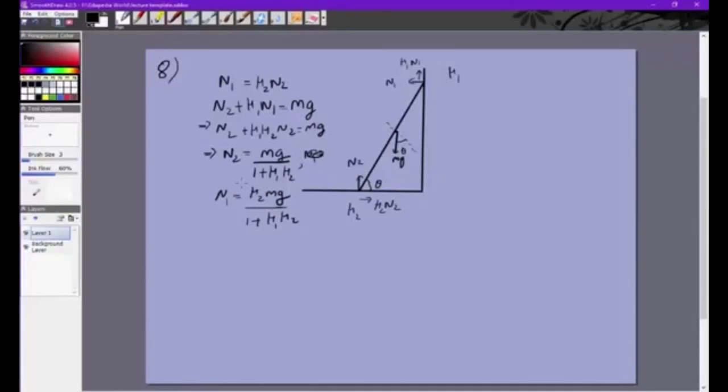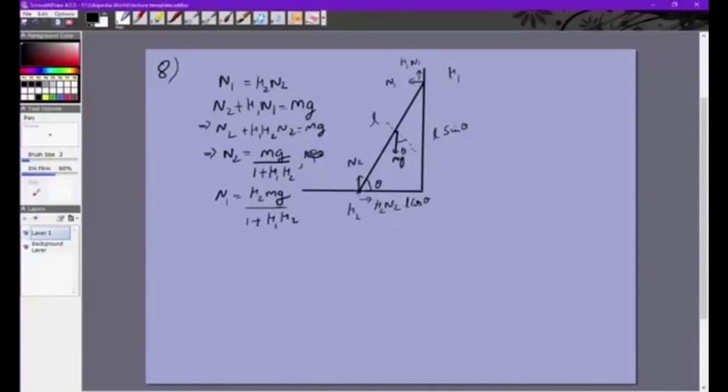Right. From this we can see in the options that they are given such that mu1 is 0, mu2 is not 0. So we'll have to take care of all equilibriums, not just translational equilibrium, but the rotational equilibrium has to be 0 as well. We can write two equations for rotational equilibrium, one about this point and one about this point. About the lower point, if this is L, this is L sin theta, and this is L cos theta.